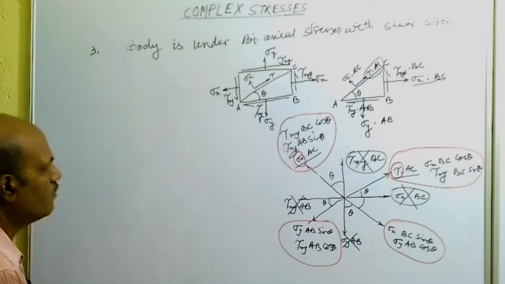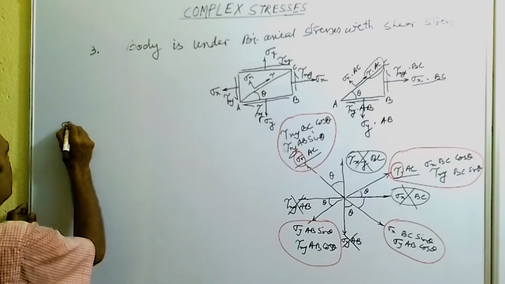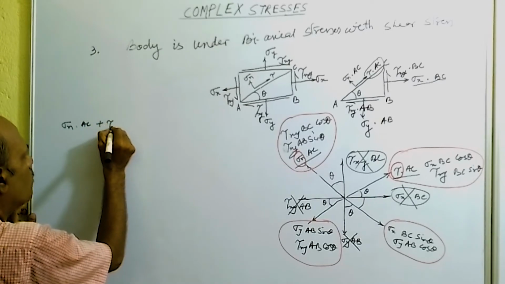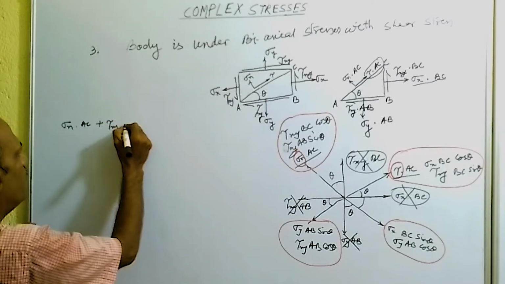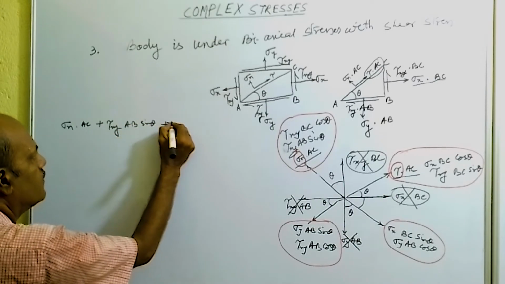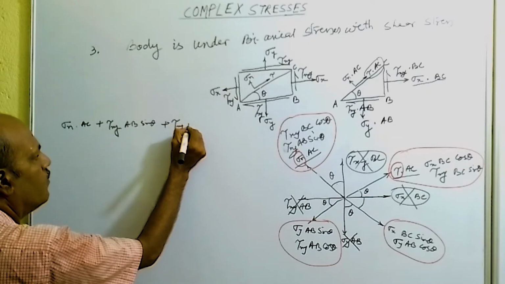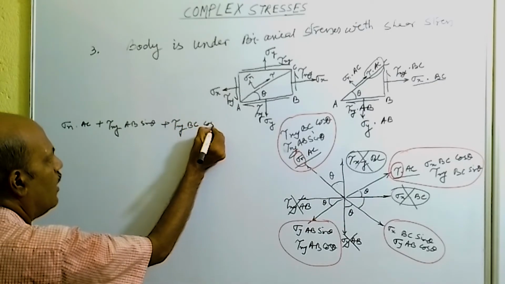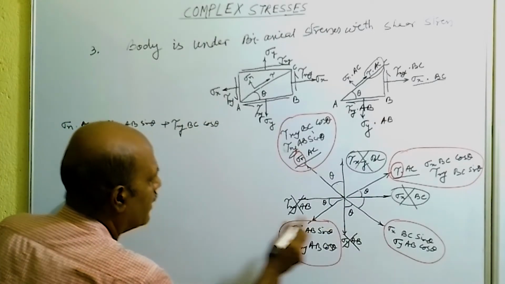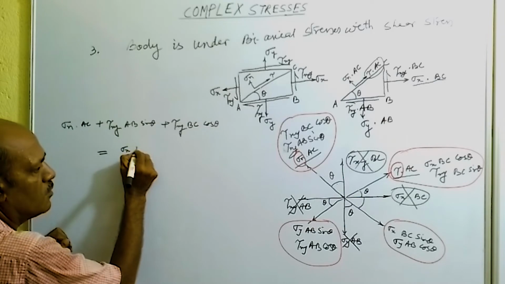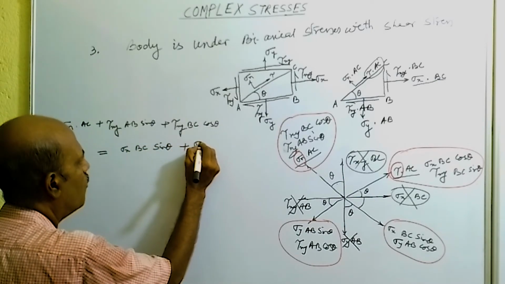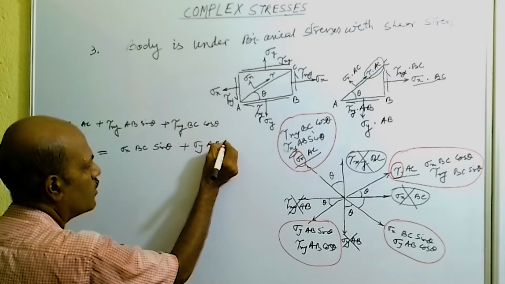First we will take sigma n. We can write sigma n into AC plus tau xy AB sin theta plus tau xy BC cos theta is equal to sigma x BC sin theta plus sigma y AB cos theta.